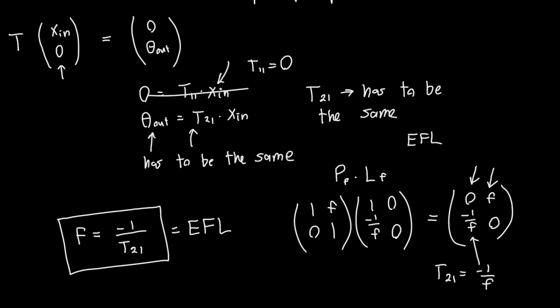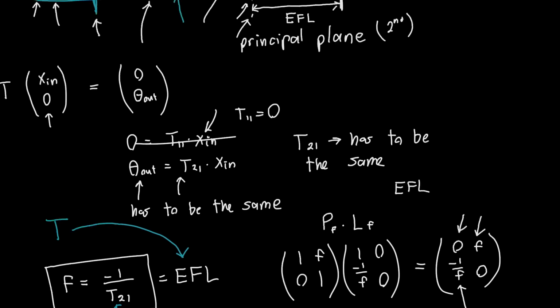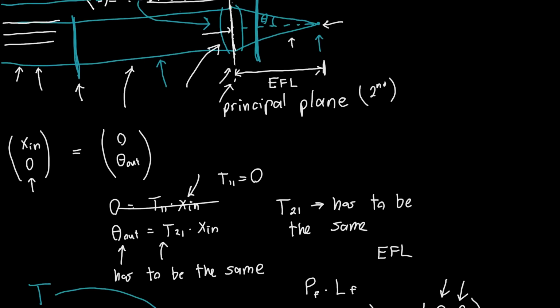So if we have our original transfer matrix, the transfer matrix of our lens system, we can calculate the effective focal length almost trivially. We just take minus 1 over t21. And that's sweet. That's super easy. And if we know the focal point, we know that the principal plane is just going to be an effective focal length away from it.